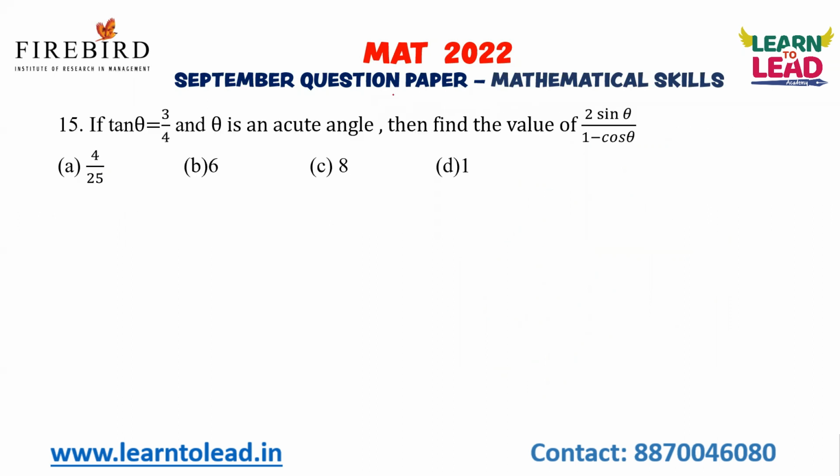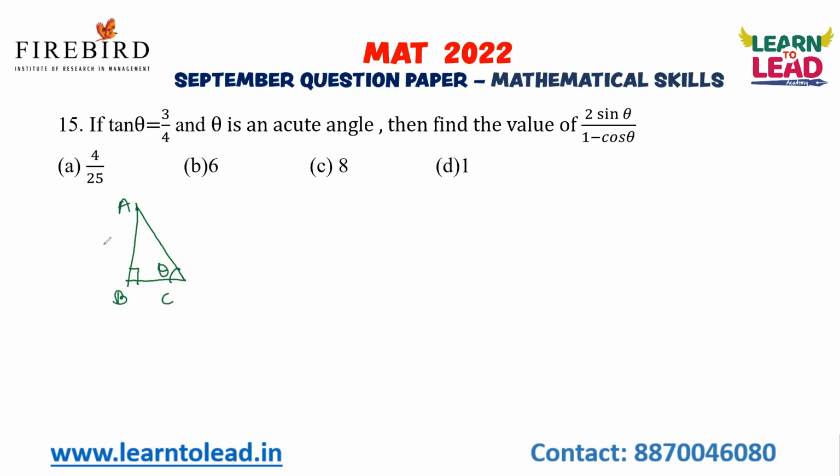Next. You should know one thing: trigonometry. Many questions were asked in various batches in the September 2022 Math exam. So you should know the concept of trigonometry. Let us consider a right angle formed at B, and this is theta.